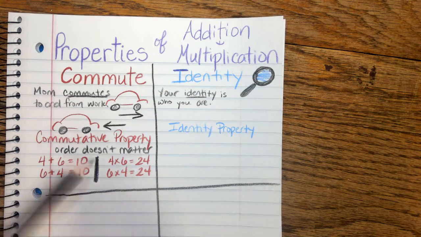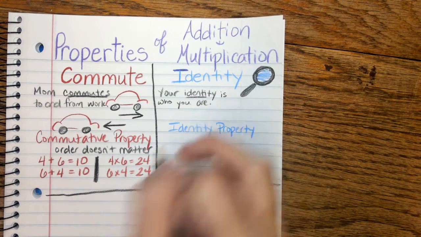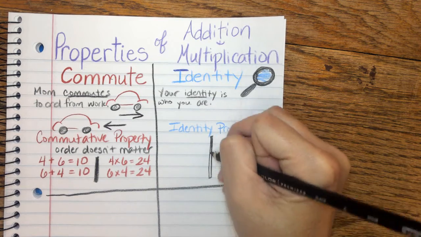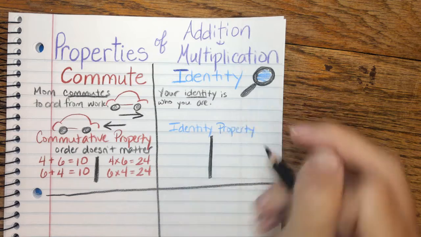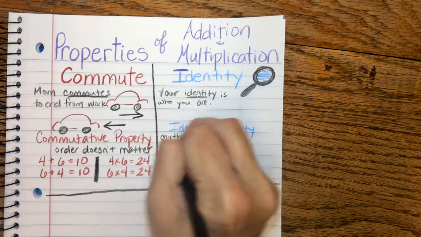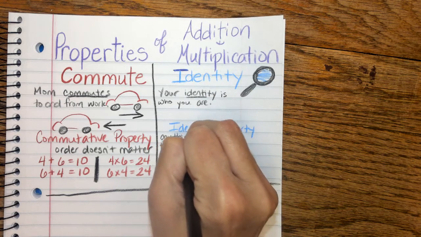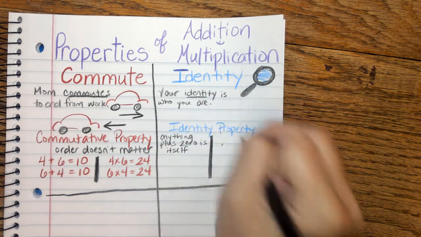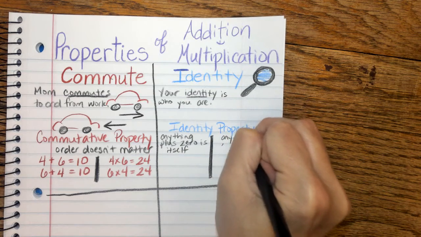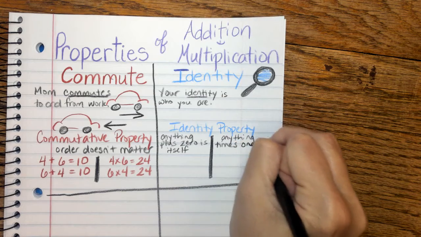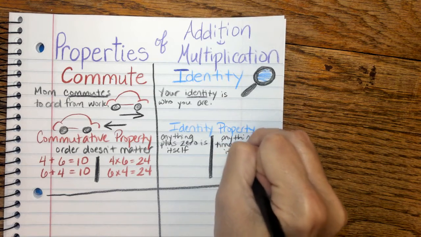for addition, okay, so it's actually slightly different for the two operations. Okay, so anything plus 0 is itself, or anything times 1 is itself.